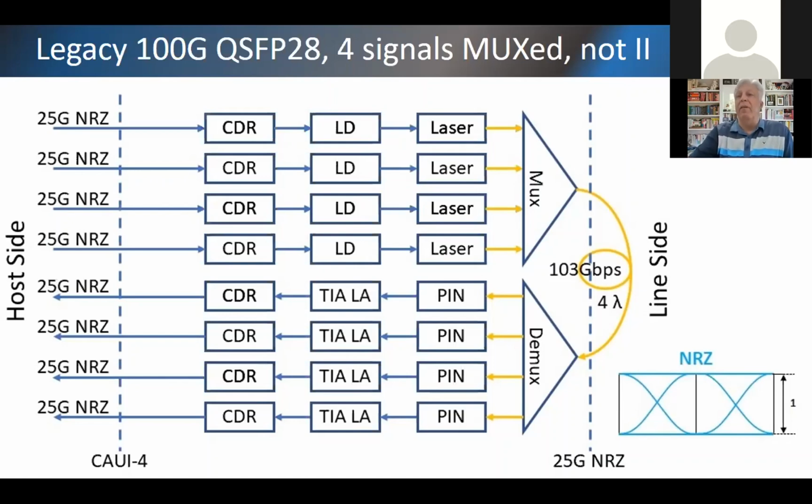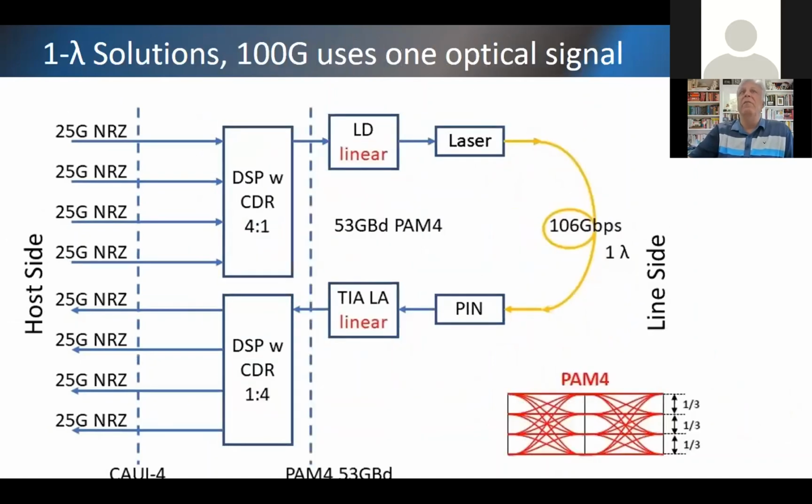Let's talk a little bit about the difference between this and the single Lambdas, the newer models of the 100 gig that are used for breakouts. So the single Lambda is still 25 gig NRZ on the electrical side. Now what we have is a digital signal processor with a CDR and retimer. It goes into one EML, electrically modulated laser, and that laser sends out one signal on a single wavelength, at 106 gig or thereabouts.